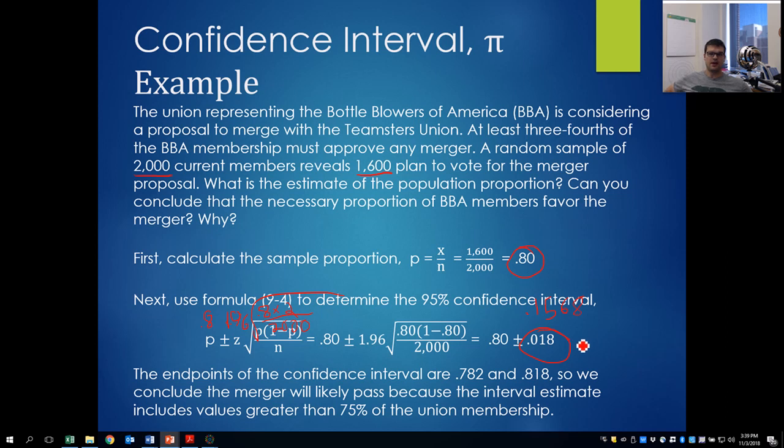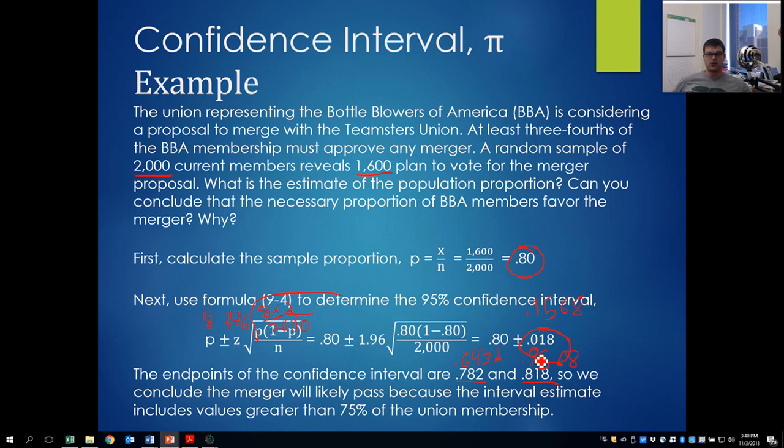So because of that now, the limits of the confidence interval are 0.782 and 0.818, where previously, in the previous problem, the limits were 0.6432 and also 0.9568.